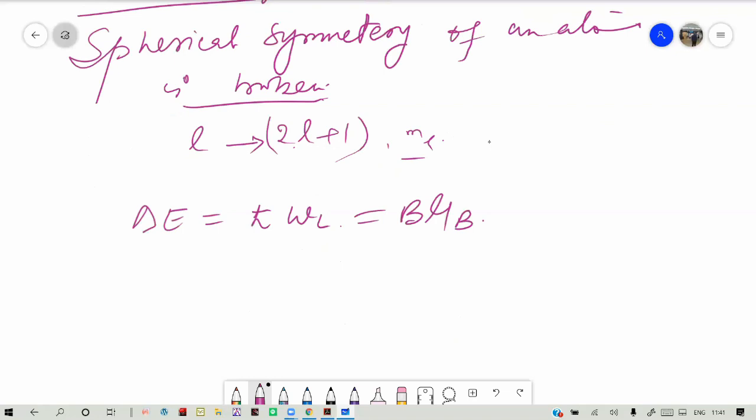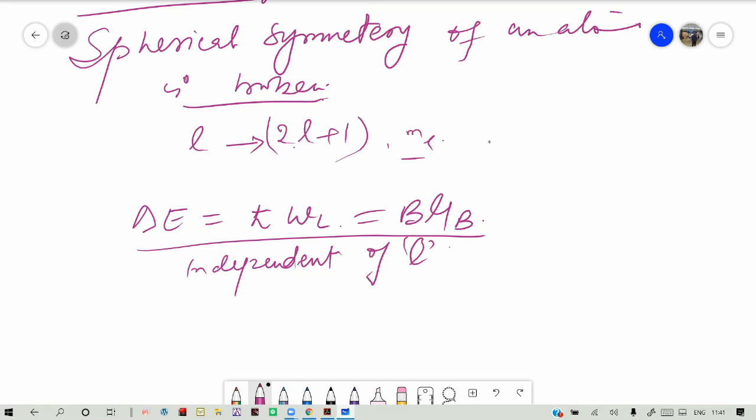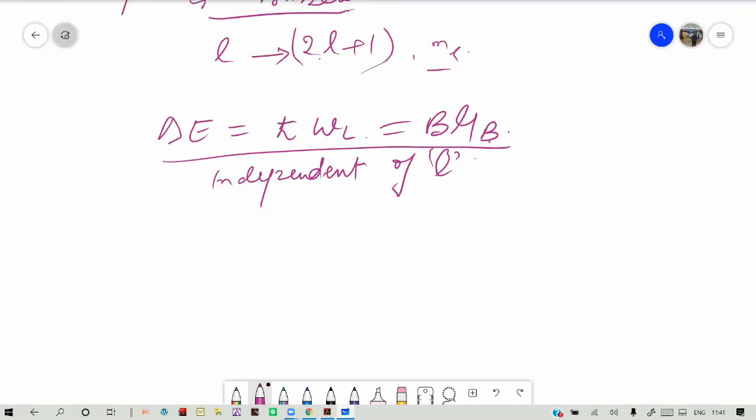One of the important properties is that this energy shift is independent of L. There is no dependence on this L. So it is still degenerate in different values of L. When we draw the energy level diagram, we should keep in mind the selection rule: delta M is 0, plus minus 1.